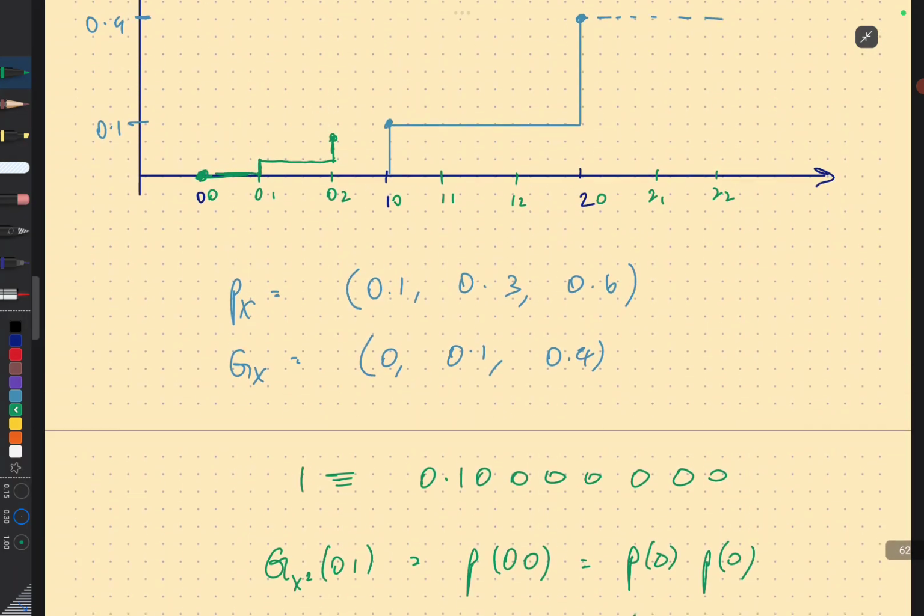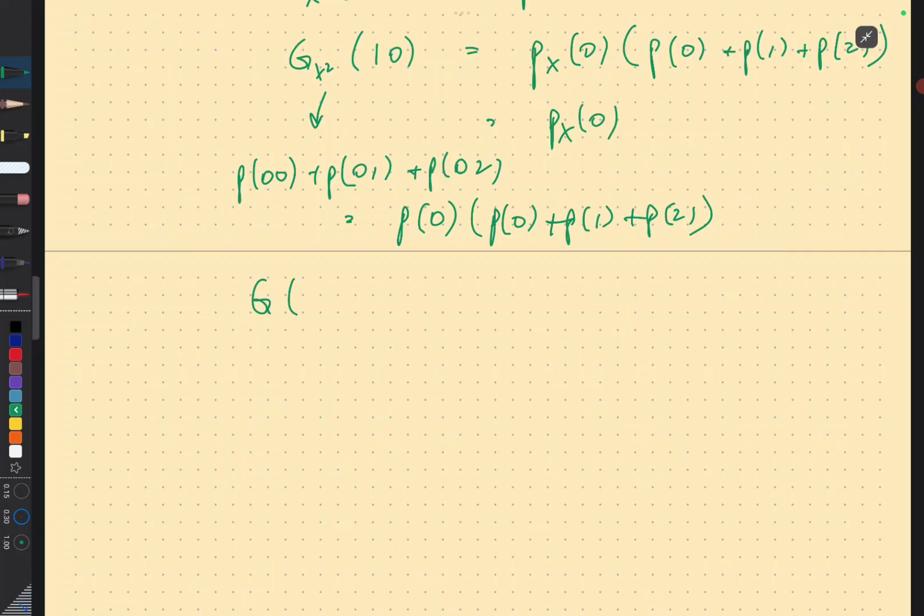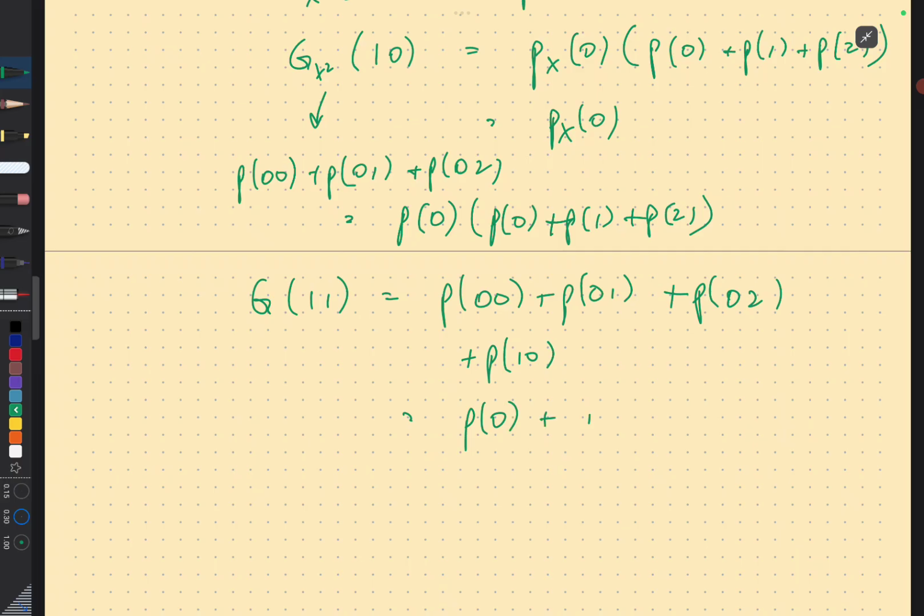Alright? What about G of 1 1? It's going to be P of 0 plus P of 1 0, which is G of 1 plus P of 1 0.